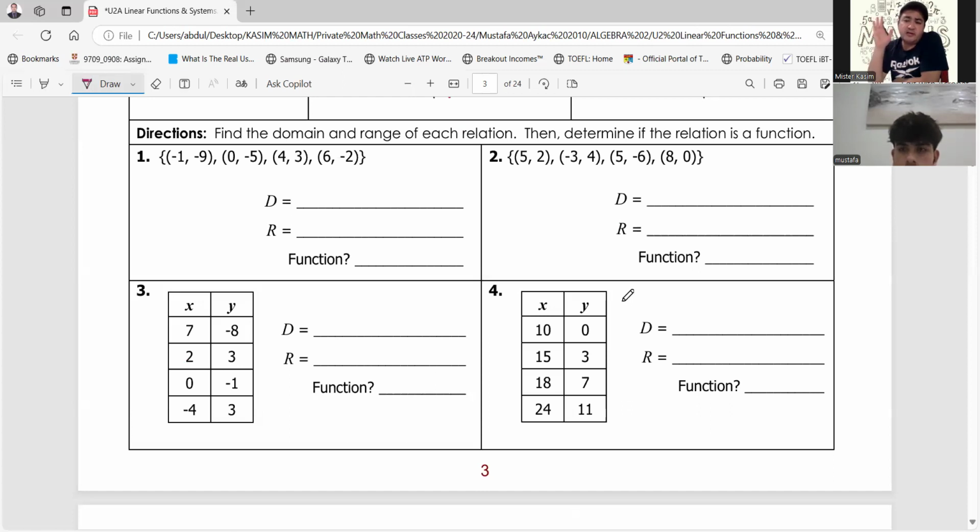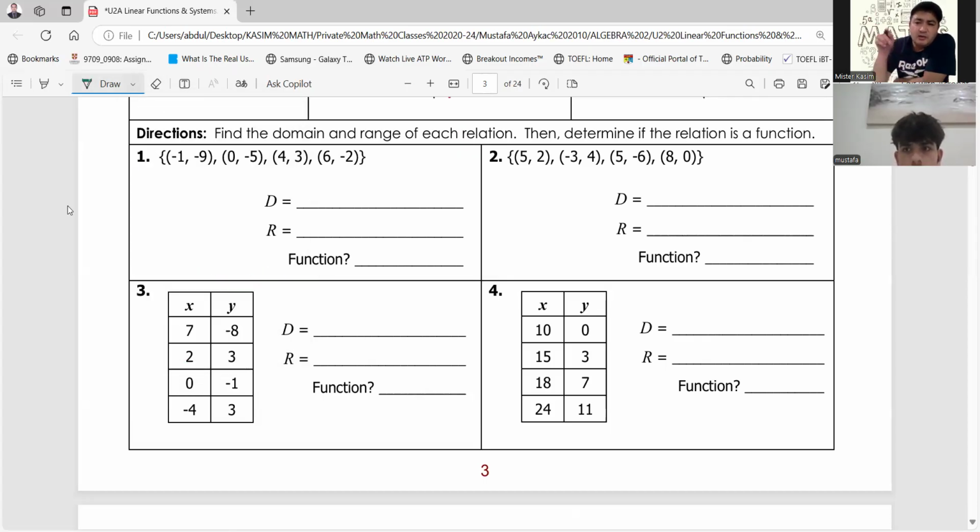It is a set of ordered pairs. Domain is the set of x values. Range is the set of y values. A function is a special relation where every element of the domain is matched or paired with exactly one element of the range. If you understand the meaning of these words, you can learn math really well, easily.